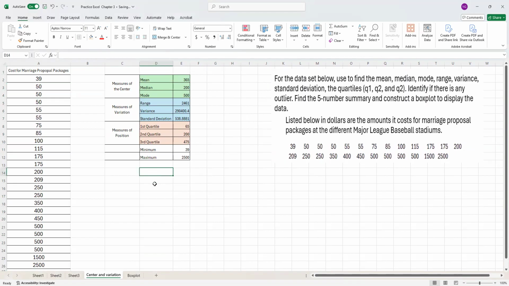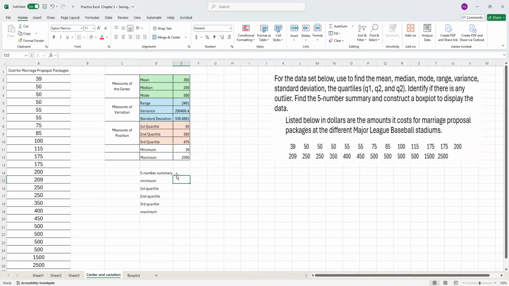Remember, the five number summary means you need to find the minimum, the first quartile, second quartile, third quartile, and the maximum. That's what we call the five number summary.